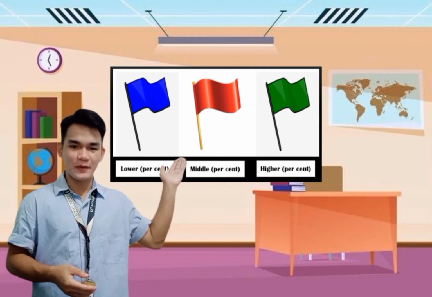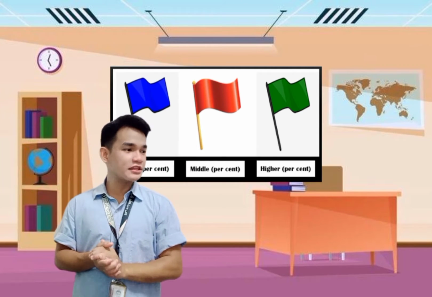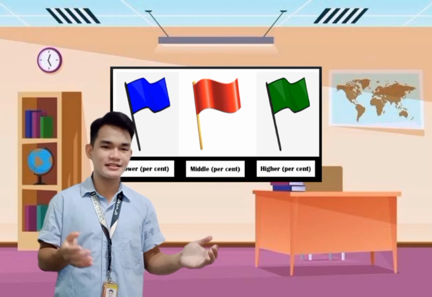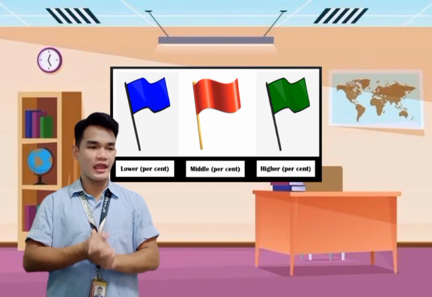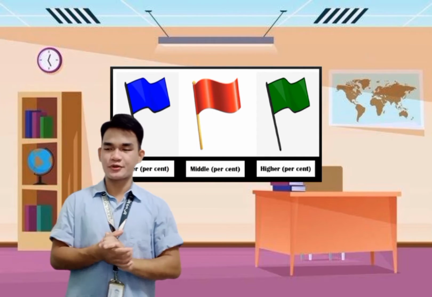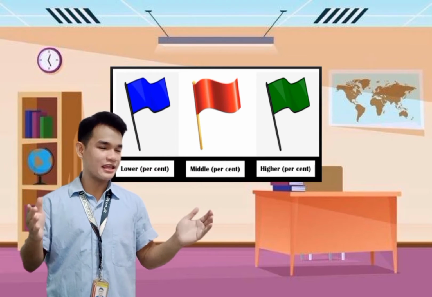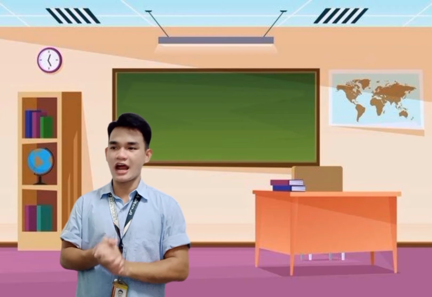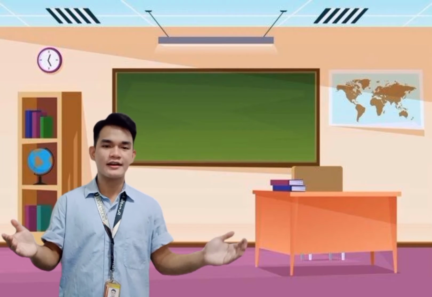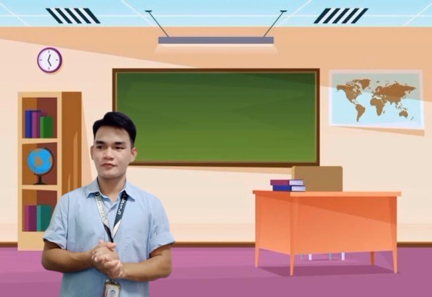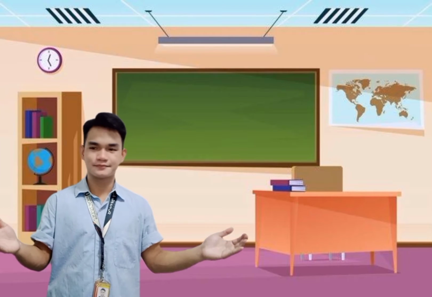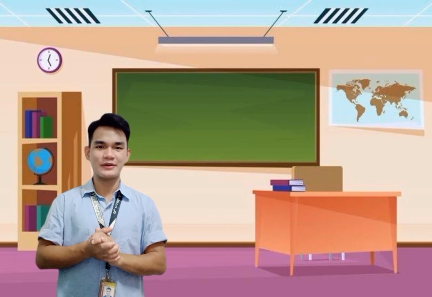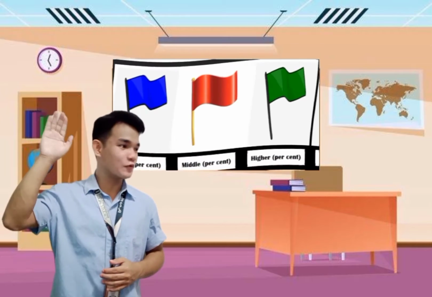And the red flag represents the middle percent of your knowledge and ideas. And the green flag represents your higher knowledge and above in our lesson for this day. Do you understand, class? Okay. Raise your hands if you belong to the blue flag.